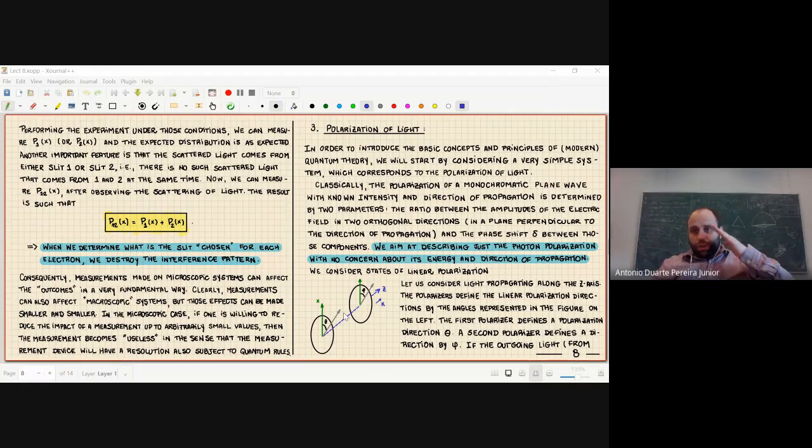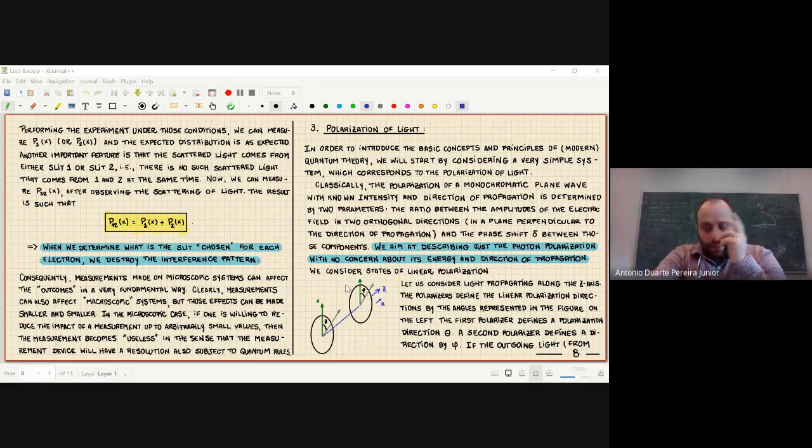So after passing light through the polarizer, you're going to have an electric field that has a well-defined oscillation direction, which is the direction of your polarizer.